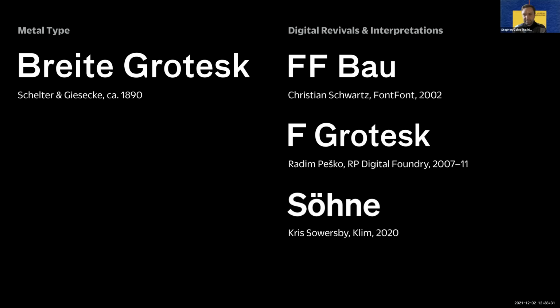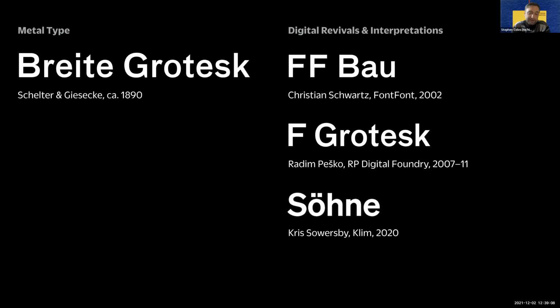F Grotesque, designed by Radim Peshko, Czech designer. It is a little bit more loose interpretation, not as many styles, but another direction you could go. And then Sona, which was designed by Chris Sowersby in New Zealand, is actually more of a takeoff on Accidens Grotesque, which was another typeface used by the school, but it has some elements of Breite Grotesque in it, and highly recommend you checking that one out.